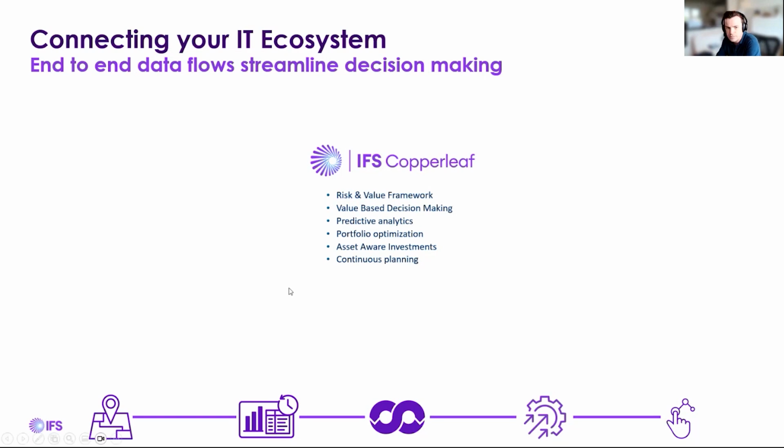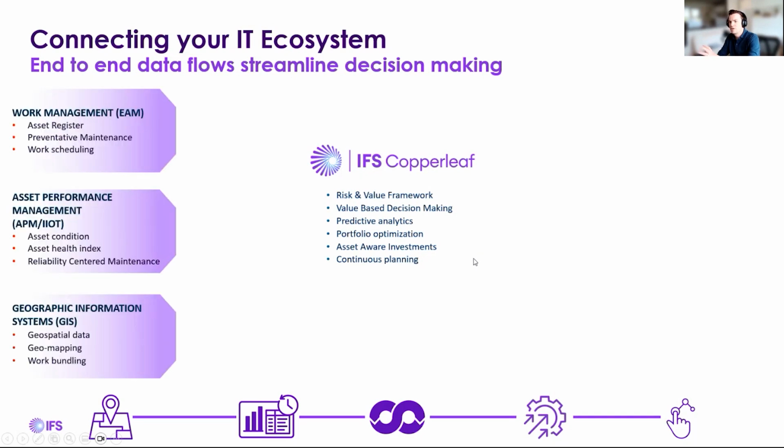And we have that as the center of this diagram. And then we have a range of asset-focused systems on the left. EAM solutions like SAP, IFS, Ellipse, Maximo, APMs or GIS systems as well, Esri, Hexagons of the world.